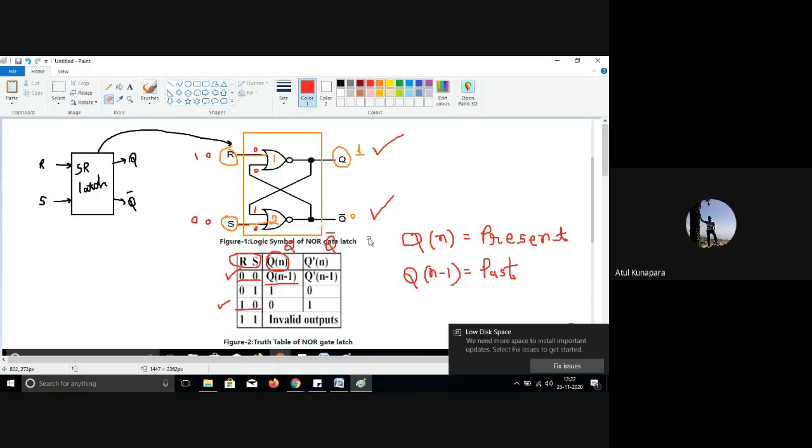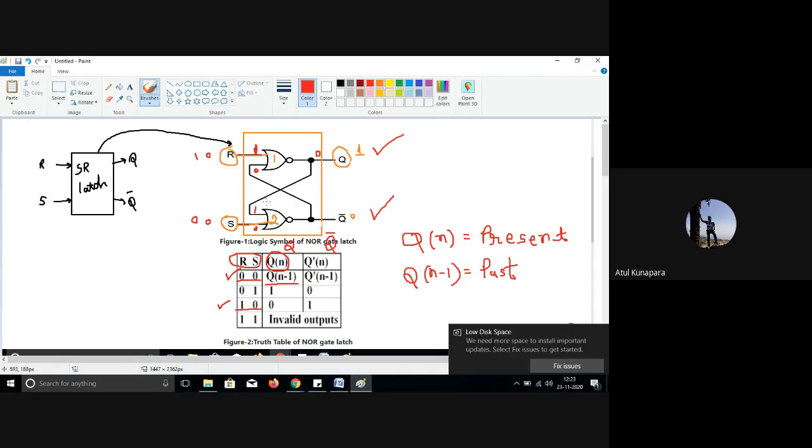Here you can see that as you are giving R equal to 1, here it is going to be logic 1 at one input of logic gate number 1, and here Q bar is equal to 0. So this 0, 1 will give you output 0 here, because of the NOR gate logic.